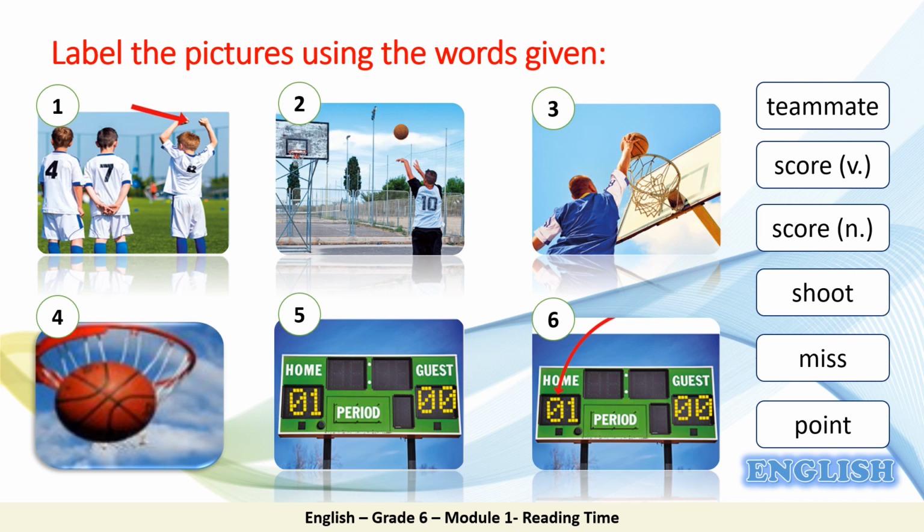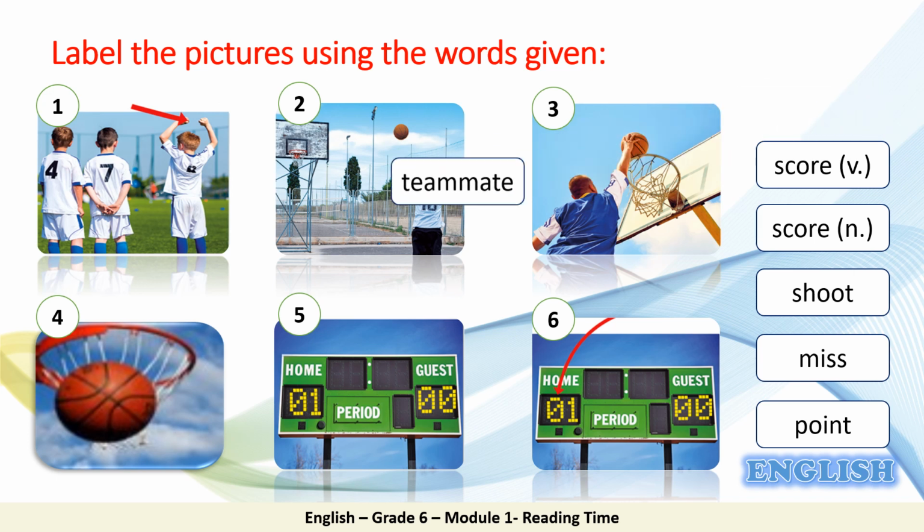Let's do the first picture together. Picture number 1. Which word of these 6 words can be used to refer to this boy under the red arrow? Good job. It's teammate.